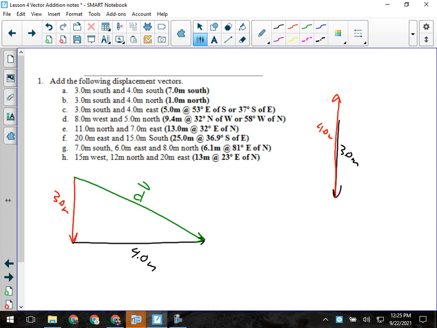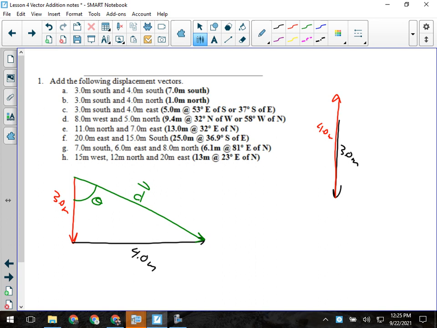If these were 2 velocities, it would be average velocity. If these were 2 accelerations, it would be average acceleration. It doesn't matter. We do it the same regardless of what type of vector quantity it is. So I would have a magnitude and a direction that I could calculate using Pythagorean Theorem and trigonometry.